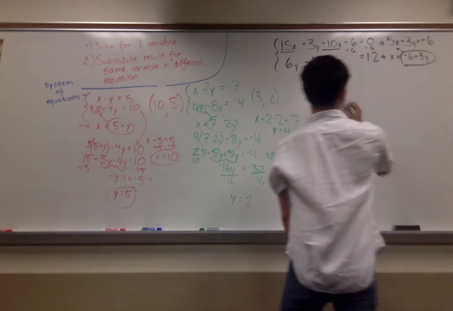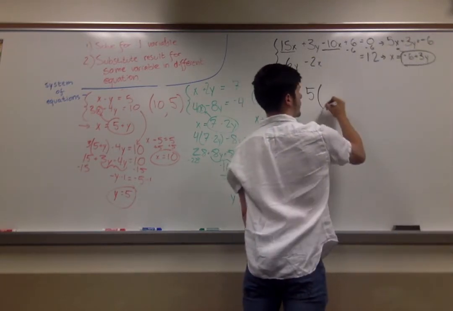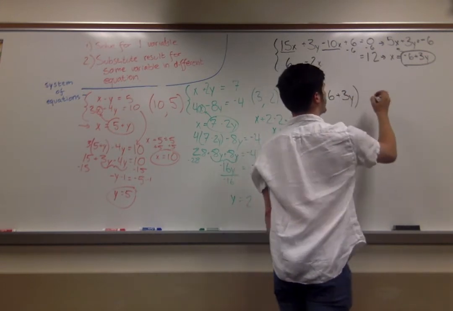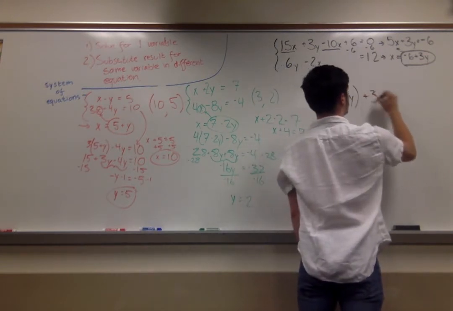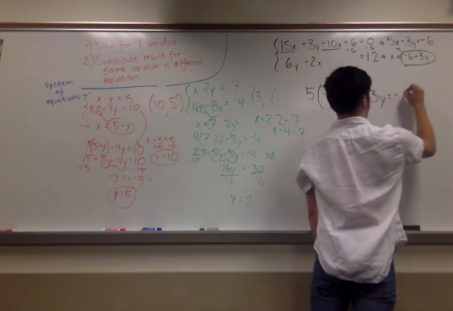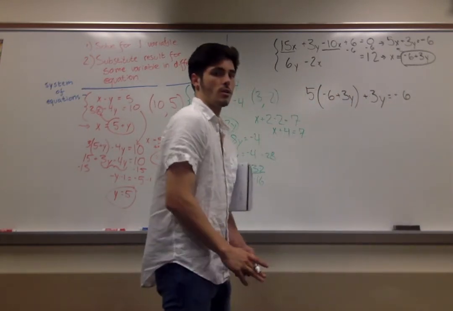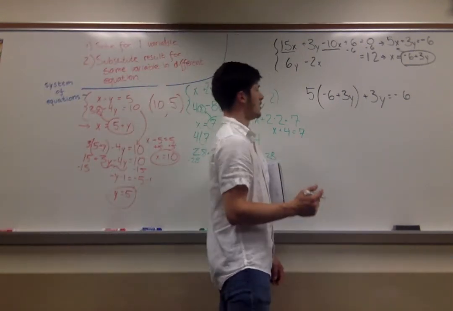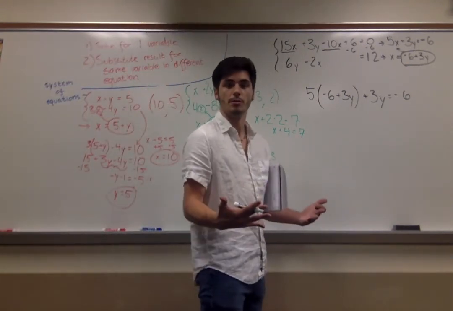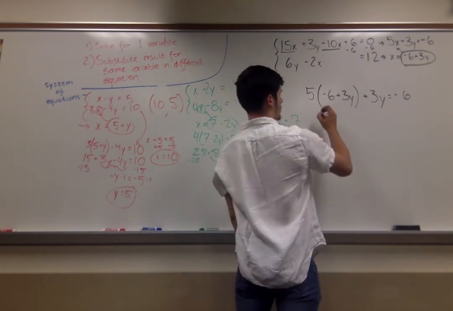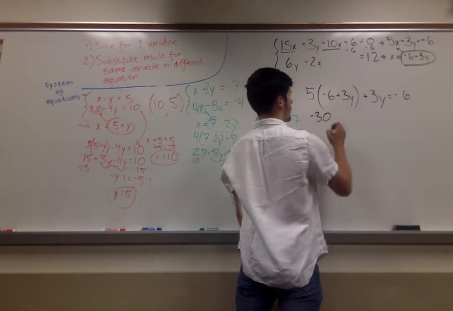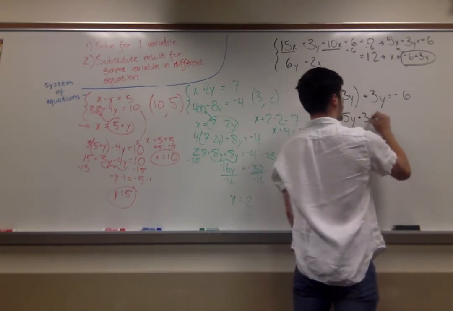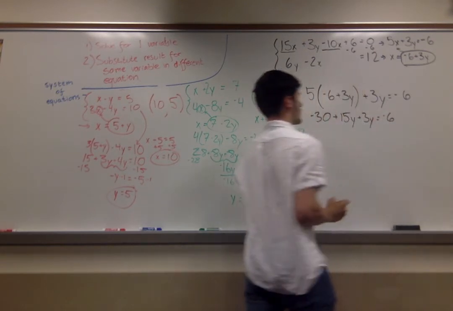And that would give us that right there. Laptop keeps shutting off. Same thing here, just going to distribute and solve. So we're going to distribute, we get negative 30 plus 15y plus 3y equals negative 6.